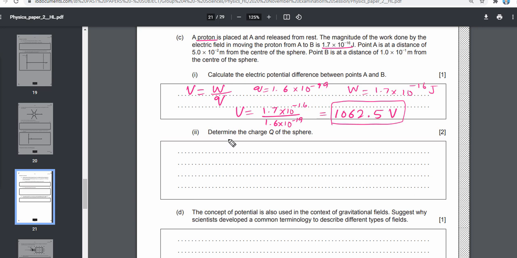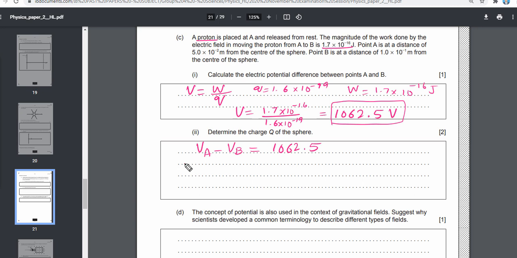Now in the next part it says determine the charge Q of the sphere. So we have the potential difference between point A and point B as 1062.5. So we'll say that the potential at point A minus the potential at point B is equal to 1062.5.